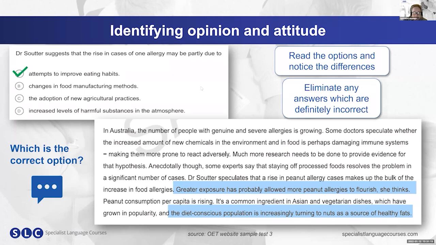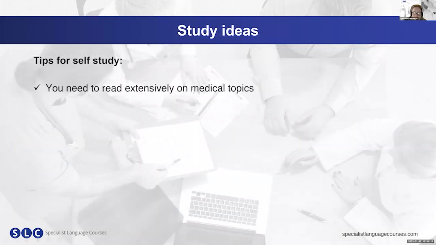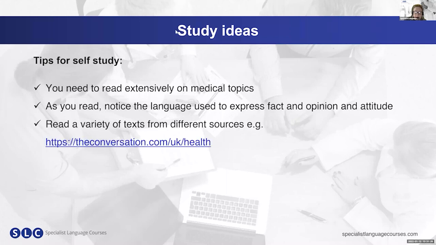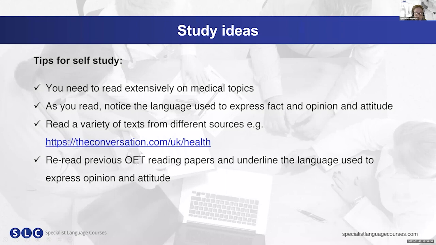So tips for self-study, you have to read. Read. Not just practice papers. As you read, notice language to express fact and attitude and opinion. A variety of different sources. Newspapers are great online. For example, theconversation.com, which we looked at an extract from today. You can also reread previous OET reading papers.